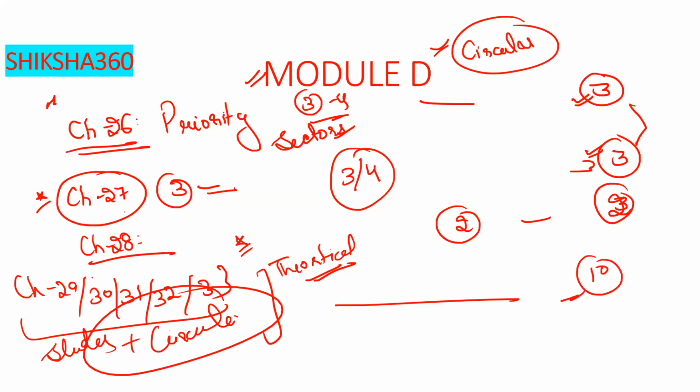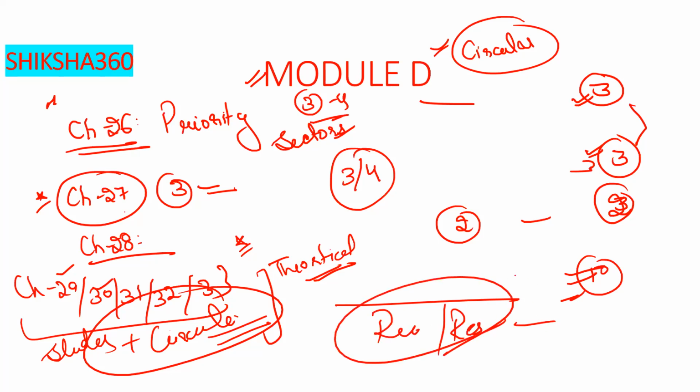If you just go through the circulars, like what is included under what, what is restructuring, what is rescheduling, you are easily able to score marks.